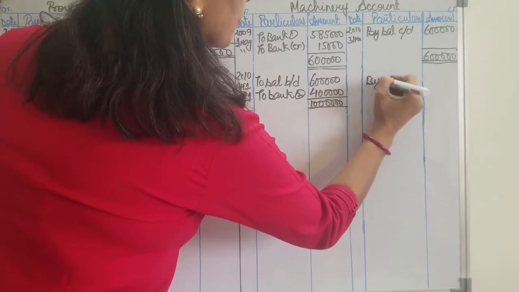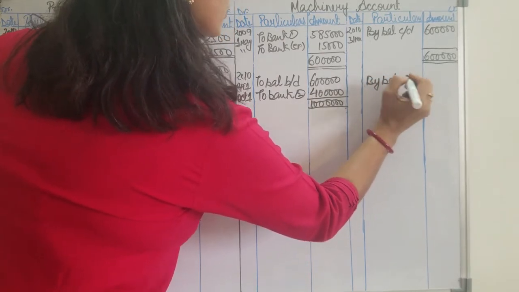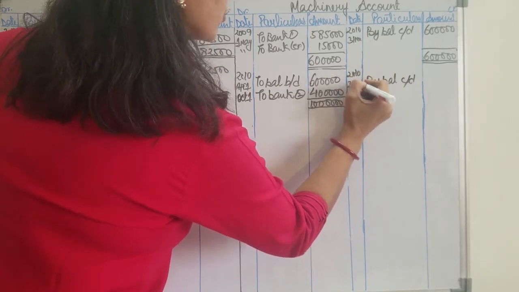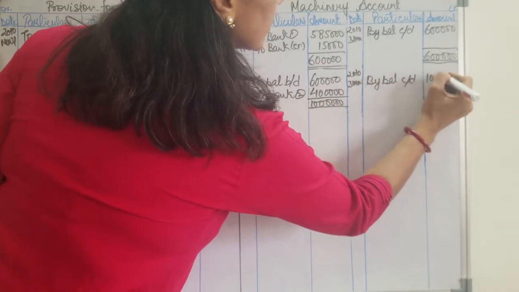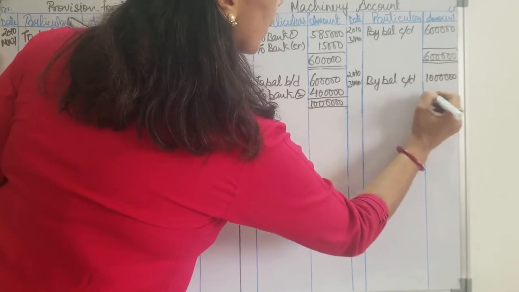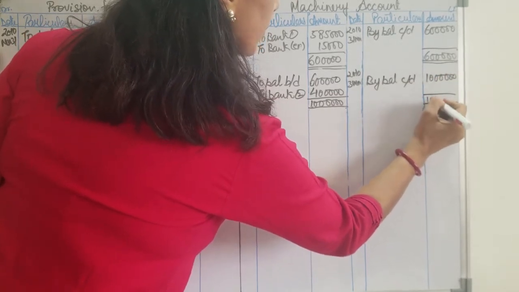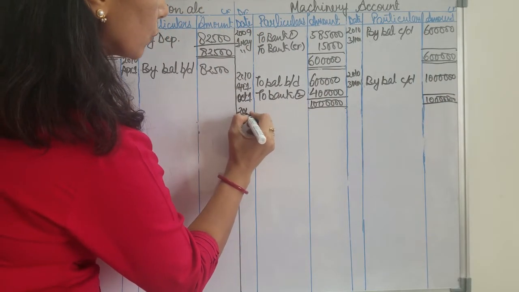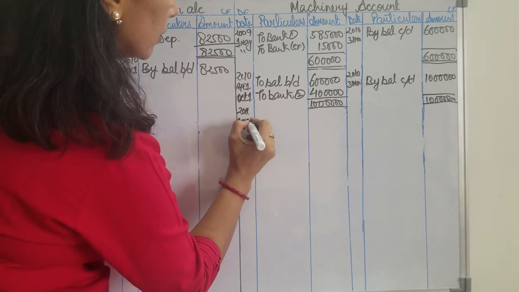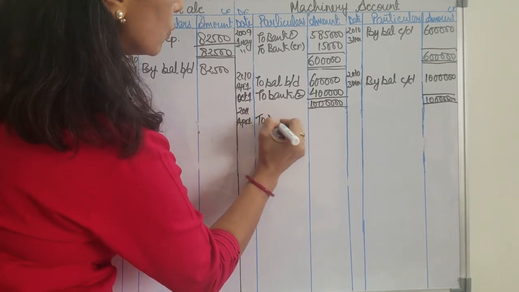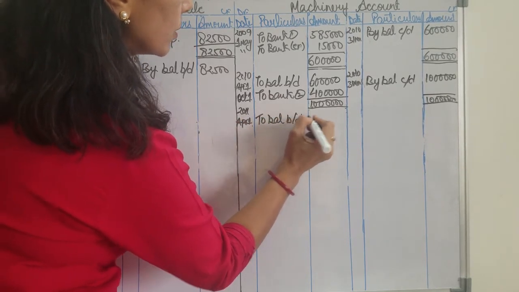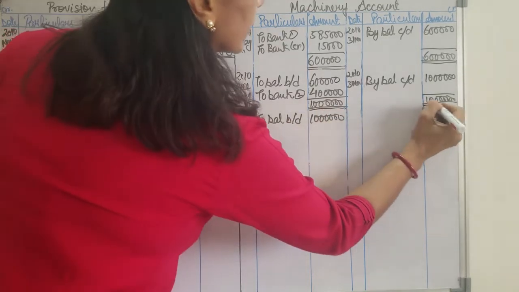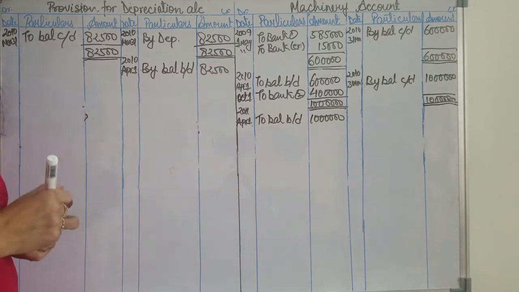By balance carried down, 2010, 31st March, 10 lakhs, right? Now this closing balance will become the opening balance of 2011 April 1st, to balance brought down, 10 lakhs, right?